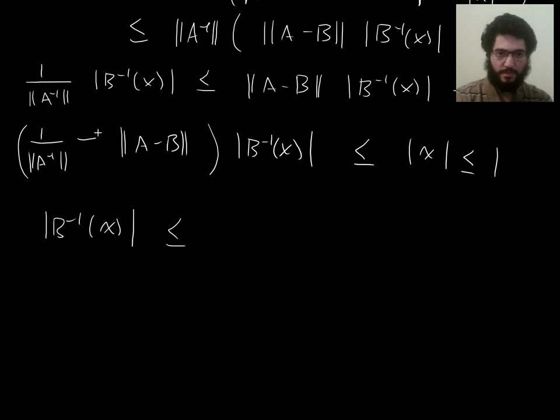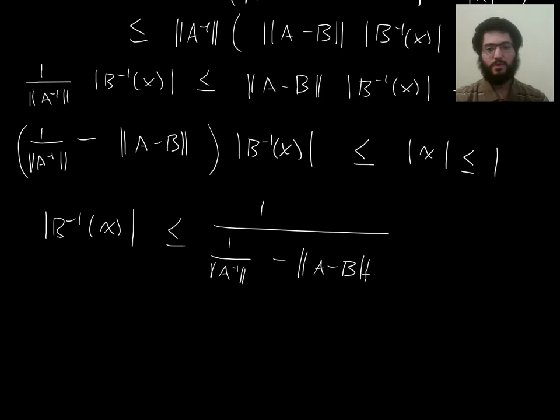So 1 divided by this. Okay, but can I divide by this? Maybe it's 0. Well, remember, I get to control this. I get to make this less than delta, and I get to choose delta. So let's make it small enough that I'm not dividing by 0.